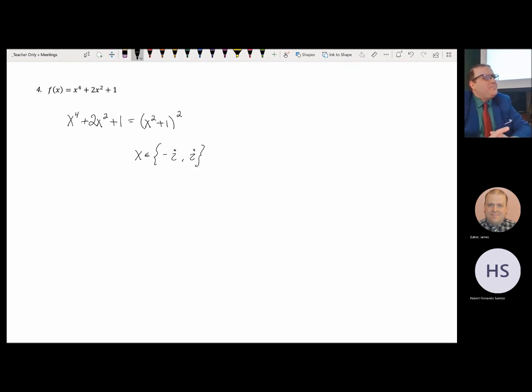A squared plus 2ab plus b squared is (a plus b) squared. It's a perfect square trinomial, one of the formulas you learned in algebra. Should have learned in algebra.